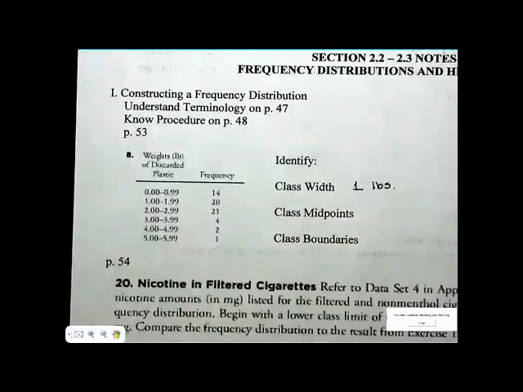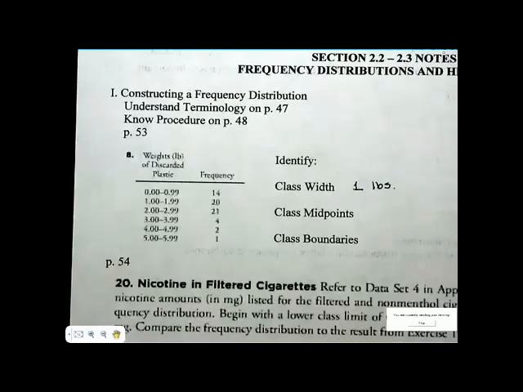There's something exactly halfway between 0.00 and 0.99. Something exactly halfway between 1.00 and 1.99. How do you find the class midpoint, say, of this first class? Yeah, you're looking for smack in the middle, the average, add and divide by 2. So 0 plus 0.99 is just 0.99. 0.99 divided by 2, 0.5.